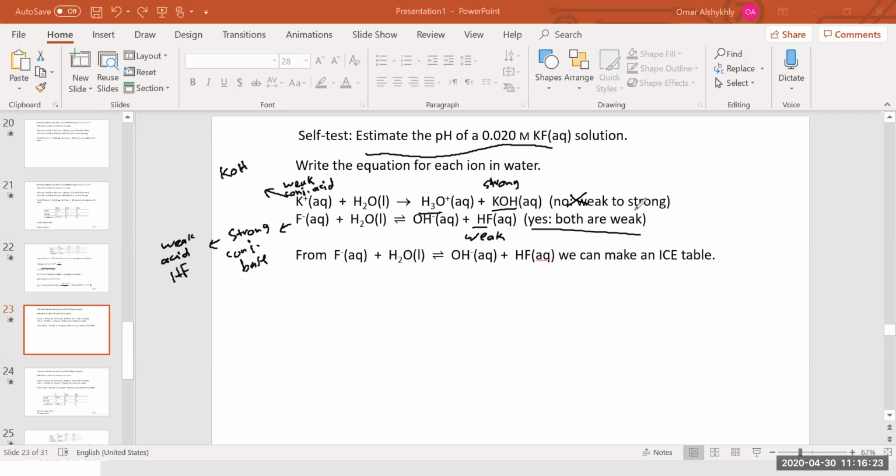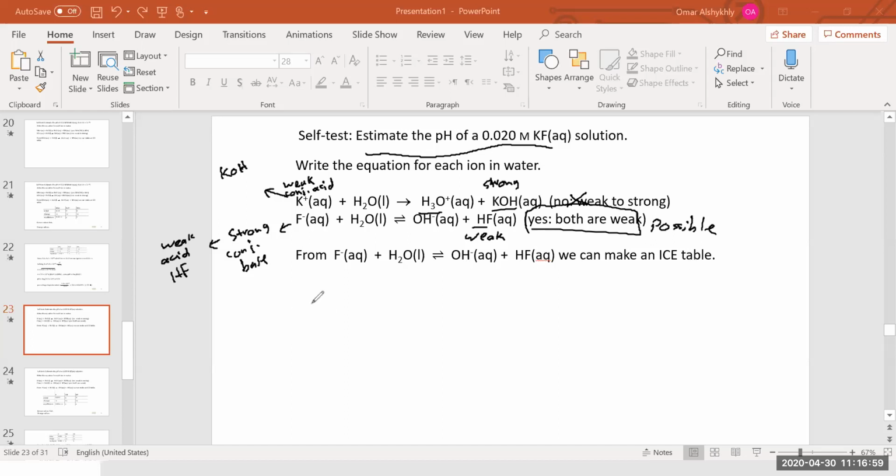So both weak, so it's going to be possible. The F negative is not very strong, guys. That's why it's weak, but kind of stronger when we compare it, for example, with the K positive or another. So we will have F negative plus H2O give us OH negative plus HF.